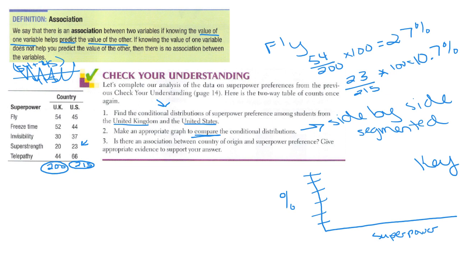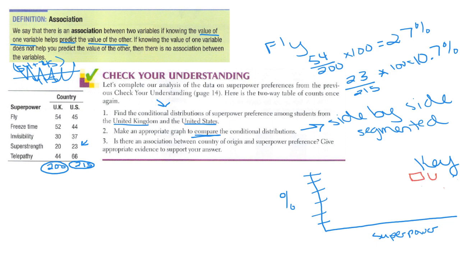If I was doing a side-by-side, then I would just need to somehow indicate which ones were US versus which ones were UK. If I was doing a segmented bar graph, I would need a key also for each different area of the bar.